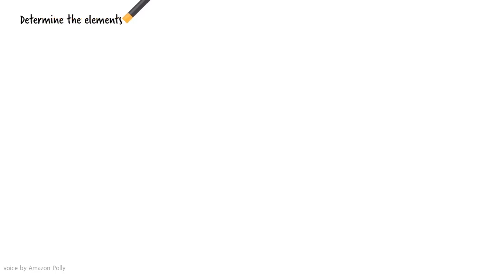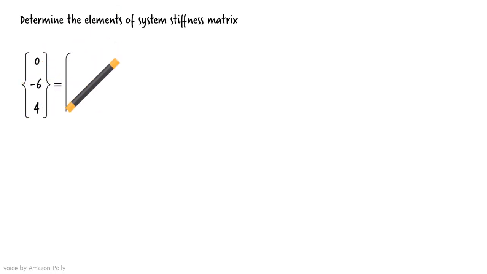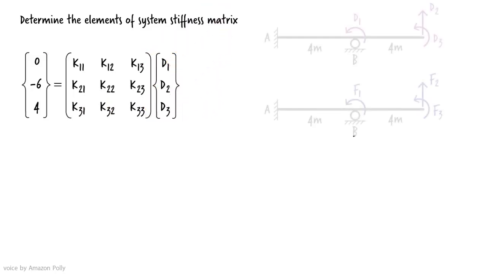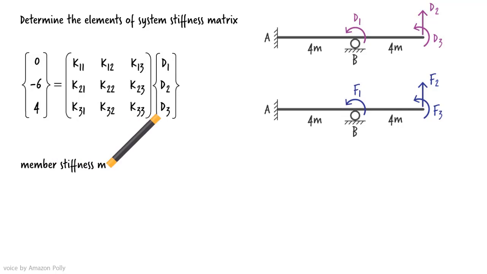To determine the coefficients of the system stiffness matrix, we need to write member stiffness matrices. Both members have the same stiffness matrix.